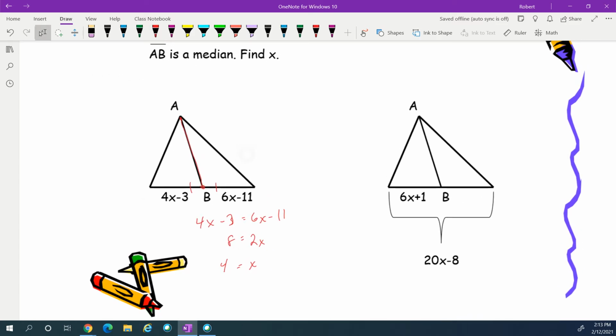In our second problem, again, median means these are congruent. So we're going to copy that 6x plus 1 over. Our equation becomes 6x plus 1 plus 6x plus 1 equals 20x minus 8.